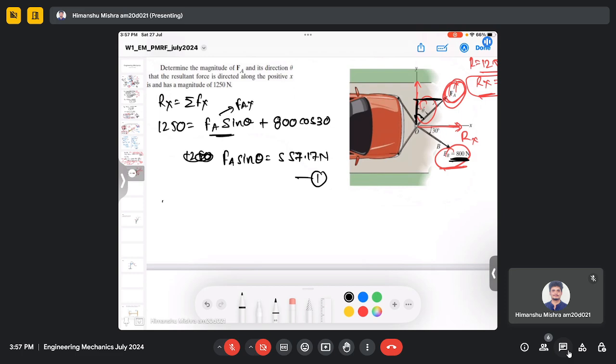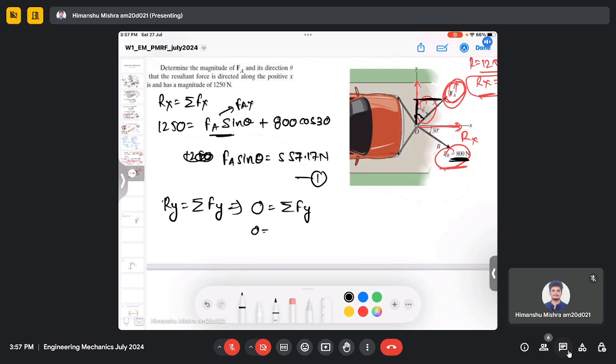Then we can use the second equation, Ry, which is the summation of forces in the y direction. My Ry is 0 because all the resultant force is in the x direction. So there will be no resultant force in the y direction. So it will be 0 equals the summation of forces in the y direction.